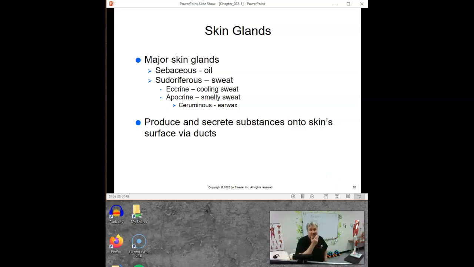Sweat glands and skin glands and stuff like that. So you have, in a way, 3 different glands on your skin, 2 big categories. You've got sebaceous glands. These are oil glands, and sebaceous glands very conveniently secrete sebum, which is your body's natural hydrating, lubricating oil for your skin.